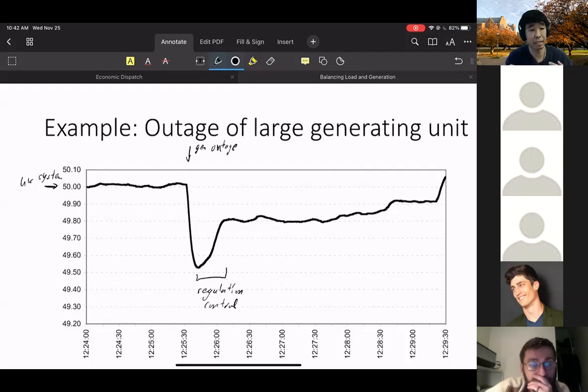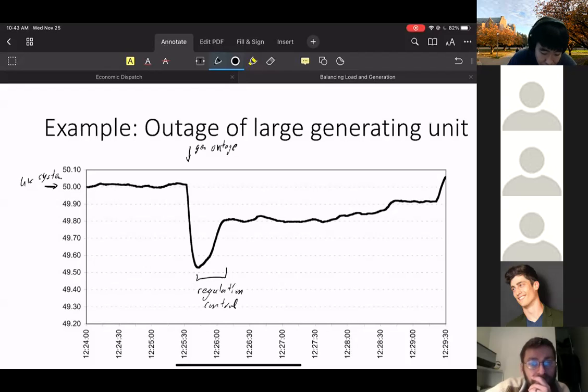This is when it acts automatically; we don't have a human in the loop, so the regulator kicks in and boosts power. It pushes more power into the system and brings the frequency up to roughly 49.8 Hertz.